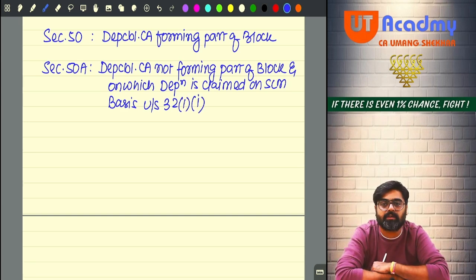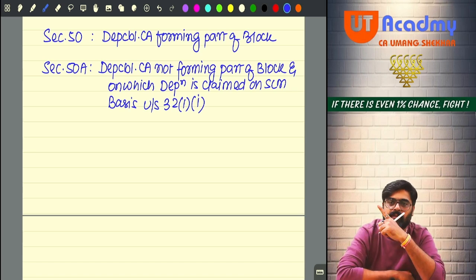After claiming depreciation on SLM basis under 32(1)(i), if that asset is transferred, will there be any capital gains? The answer is no. It will be either terminal depreciation or balancing charge under PGBP head only.